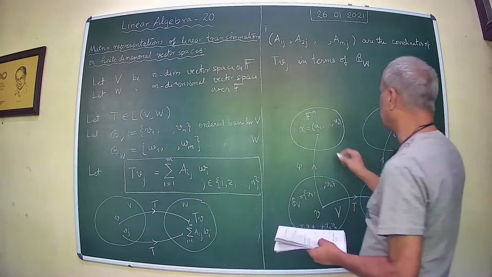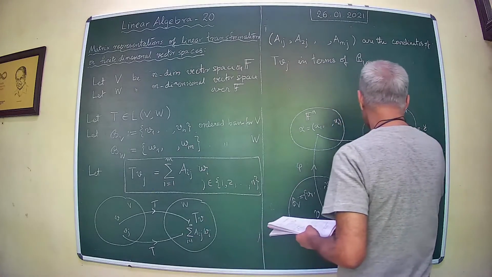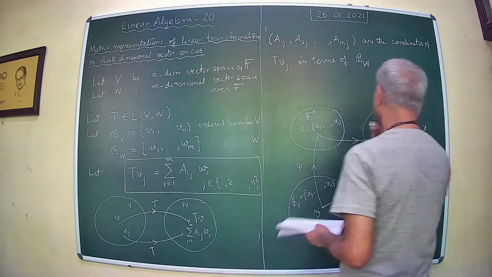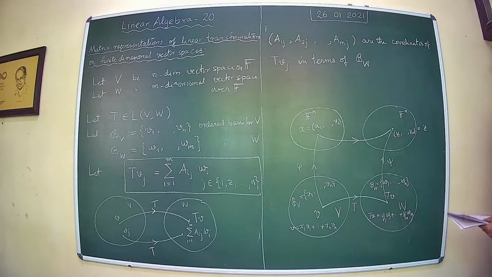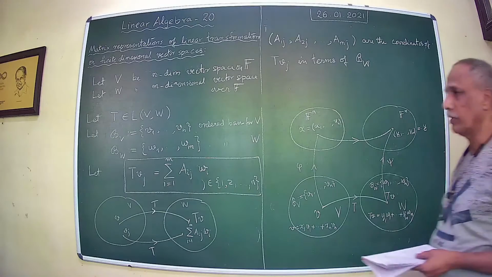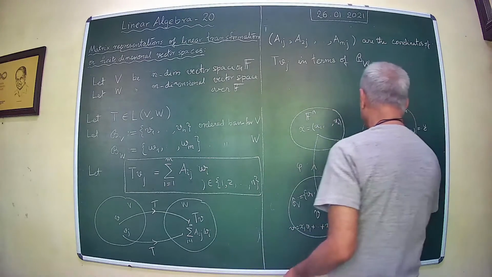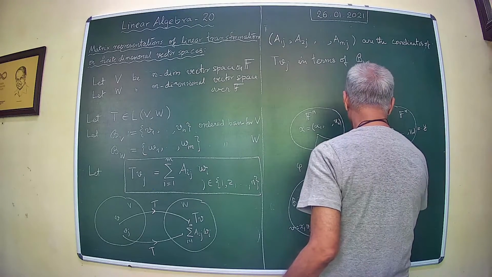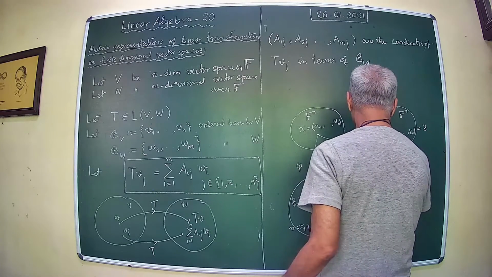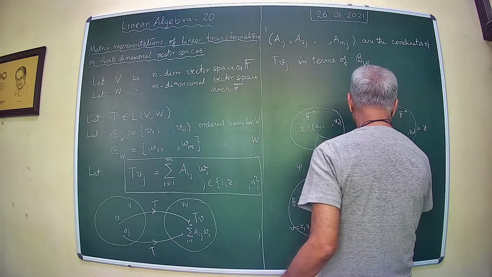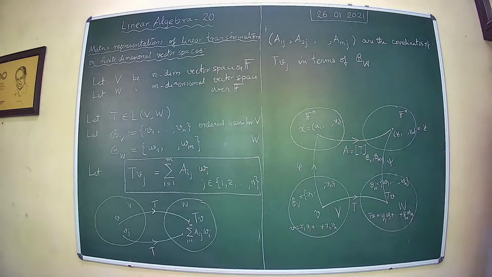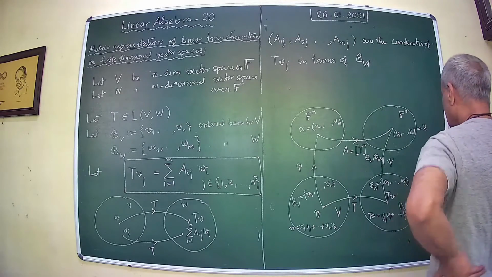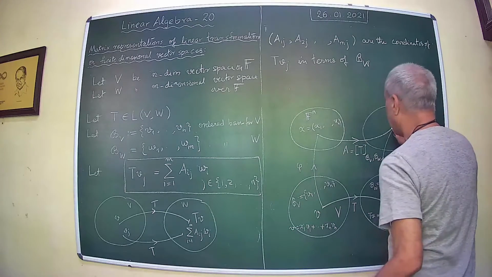Now what we do is we define a map from Fn to Fm. We designate it by A or sometimes T. We just designate it by A. Now what is the image that you have?